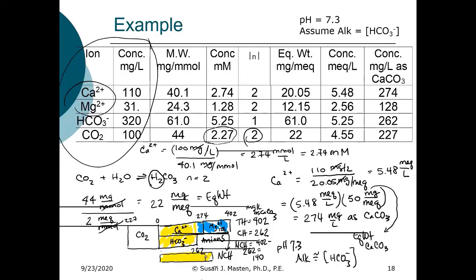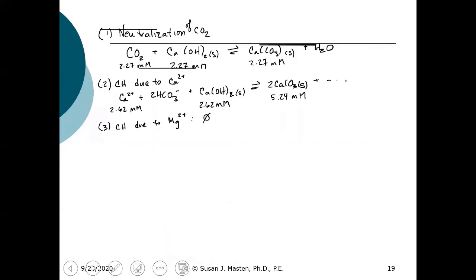But in the situation that I've given you, we have a deficiency, essentially, of bicarbonate compared to our hardness. So for that reason, my carbonate hardness due to magnesium is equal to 0. The next reaction I want to look at is my non-carbonate hardness due to calcium. And here the reaction is calcium plus we're adding soda ash now.